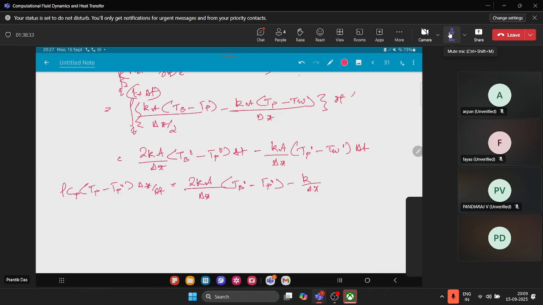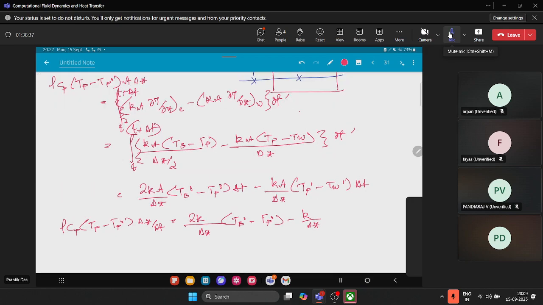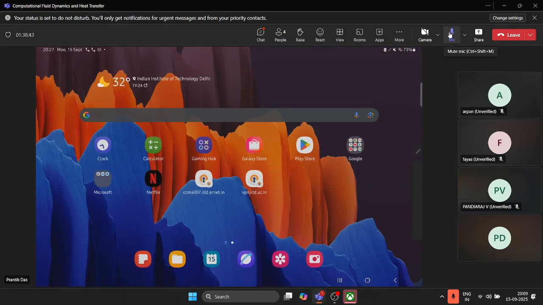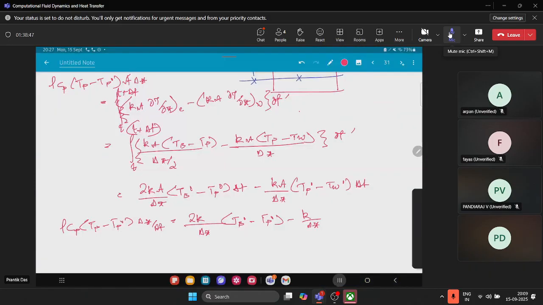The area can be subtracted from both sides, so this A cancels out. You can write it like this. Yeah, that's the form of the equation.